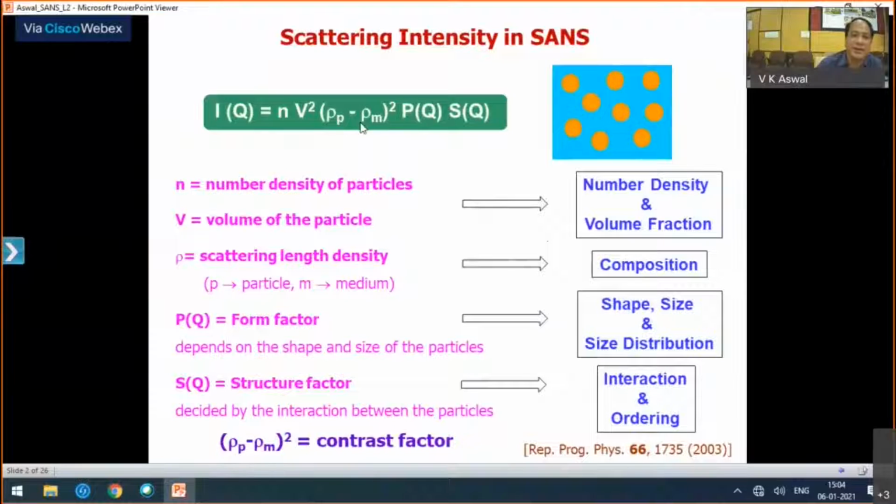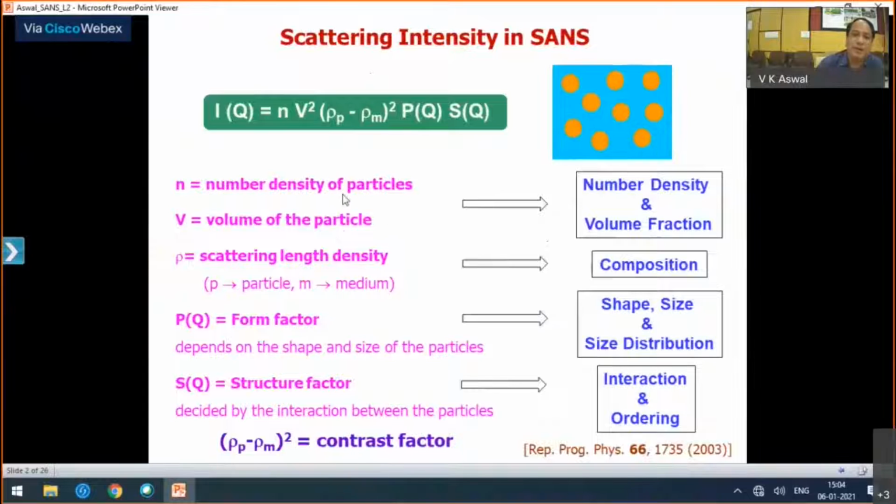The advantage with small angle neutron scattering is that you can change this term, and that's called contrast variation. With light, if you want to make something invisible, it's not easy, because you cannot match your refractive index with that of air. But in the case of neutrons and also X-rays, you can change this term and make the invisible visible, and vice versa.